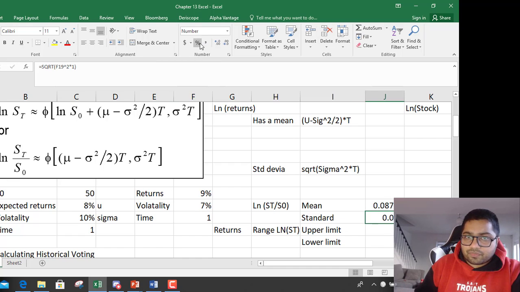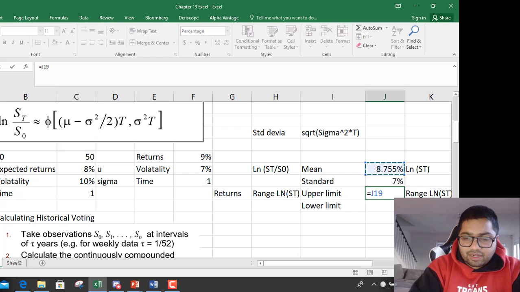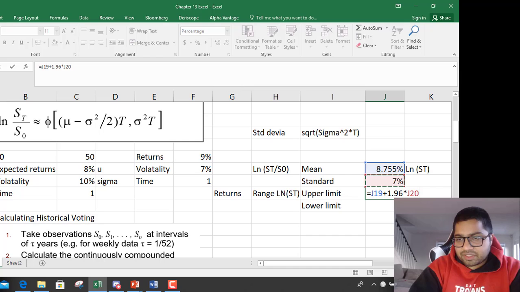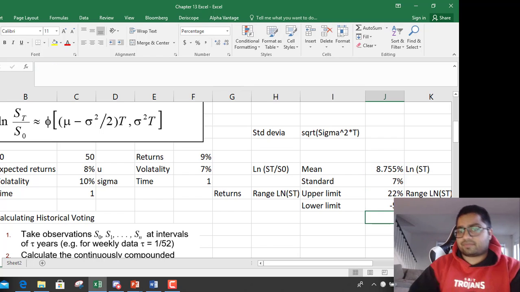So you know standard deviation, you know mean. So you can find out upper limit. Upper limit is mean plus 1.96 times standard deviation, and lower limit is mean minus 1.96 times standard deviation.